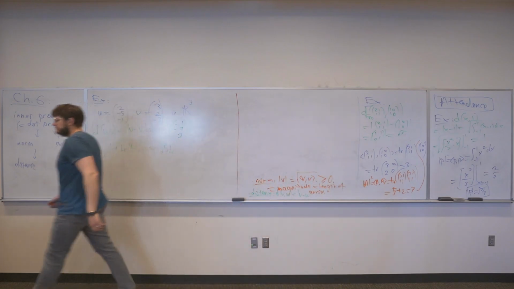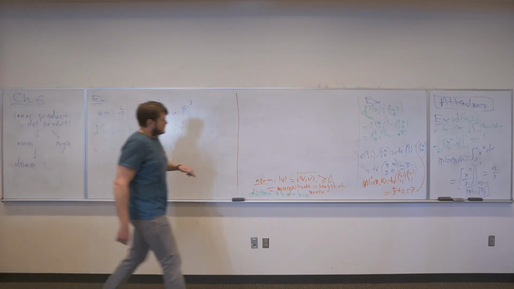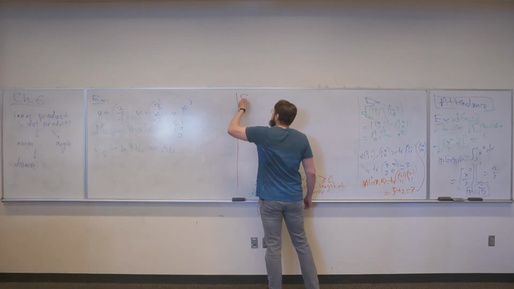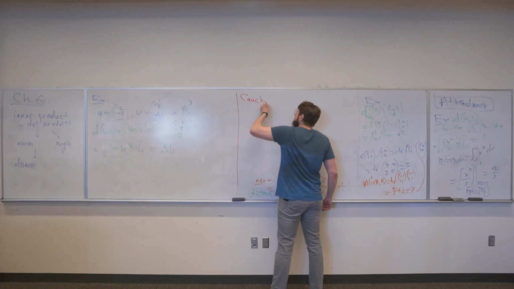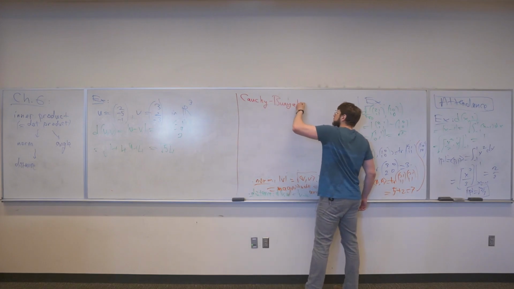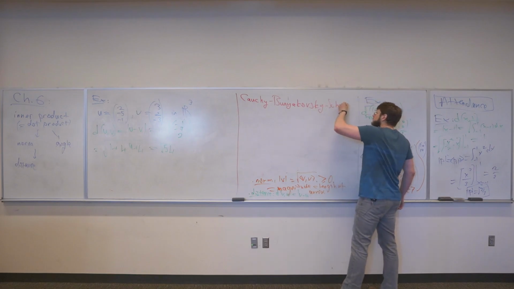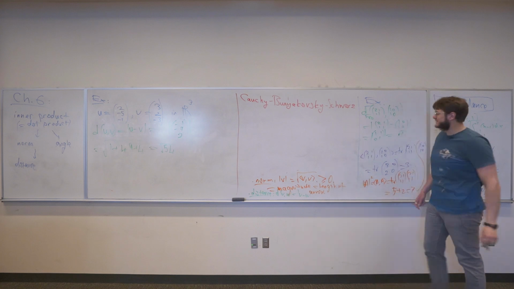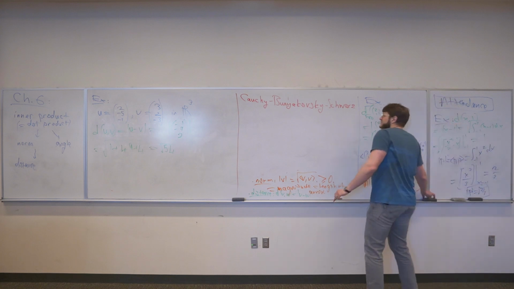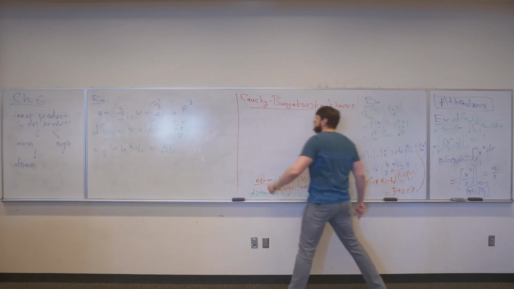So I'll write it in red. Cauchy-Bunyakovsky-Schwarz. I might be misspelling these names. It just says this.